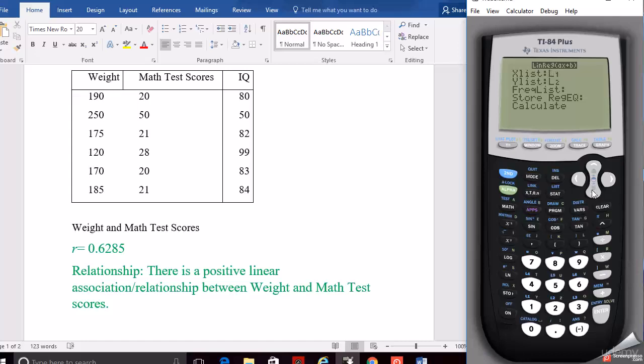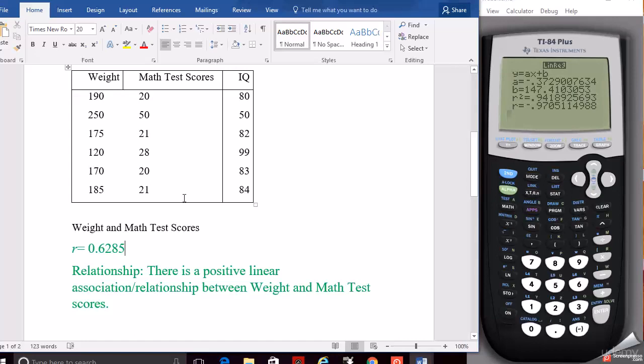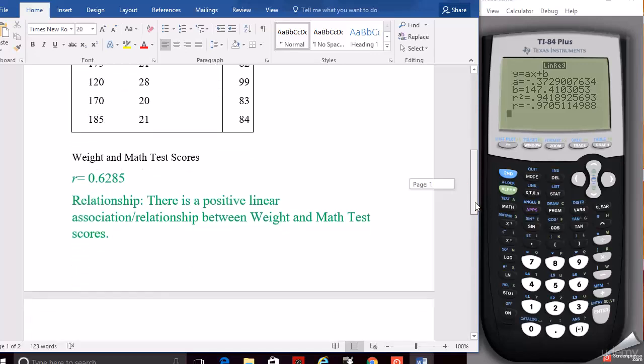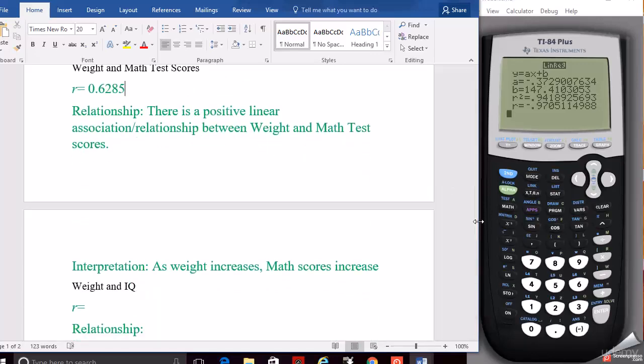So Ylist will be L3. I'm going to change that to L3, second 3. Everything is okay, so we calculate. Now we have a negative relationship between weight and IQ. So as your weight increases, IQ decreases. Well, we've got to do something about our weight to have a high IQ.